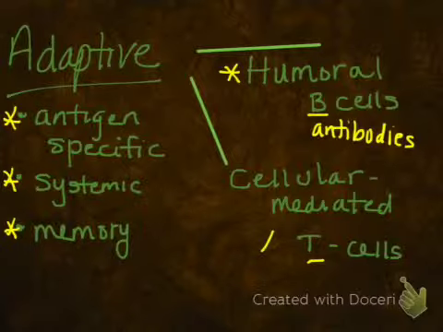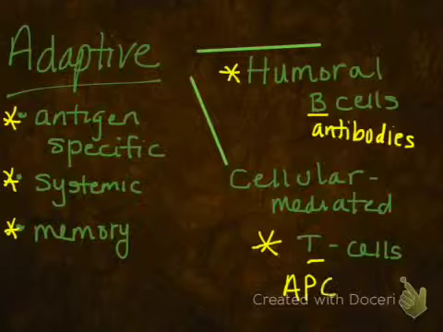T cells, however, cannot go out and directly recognize bad guys. They actually have to have bad guys, or antigenic material, presented to them. And the cells that present antigens to T lymphocytes are called APCs, or antigen presenting cells.